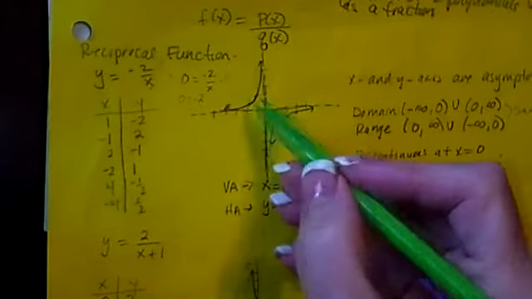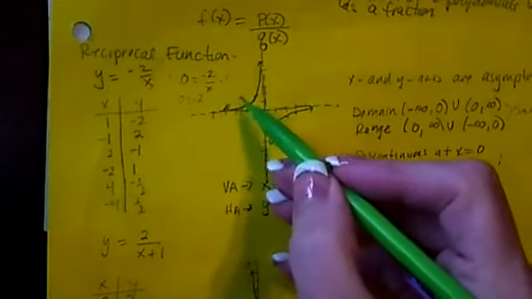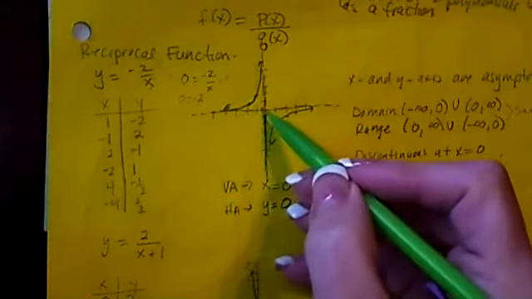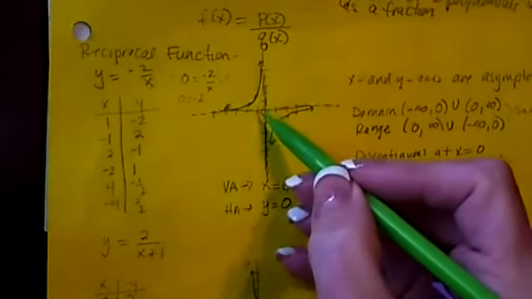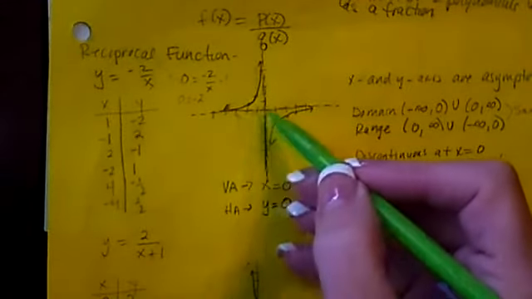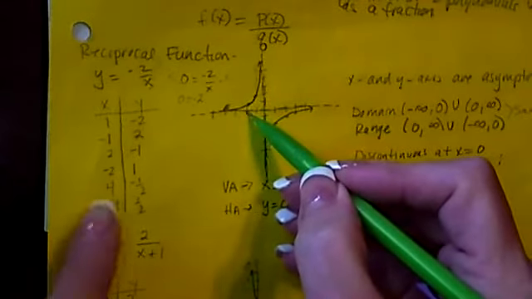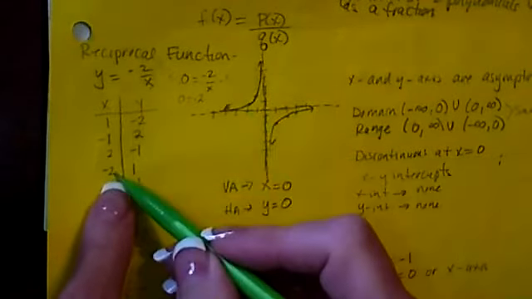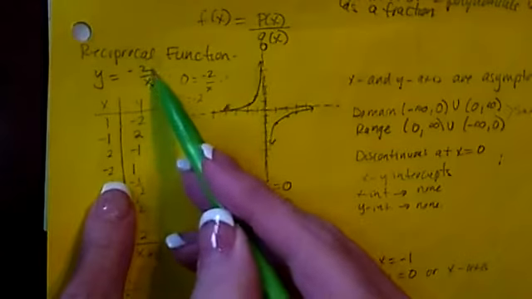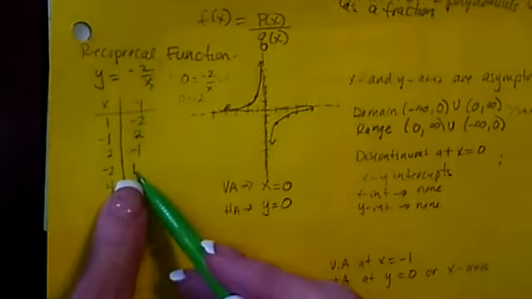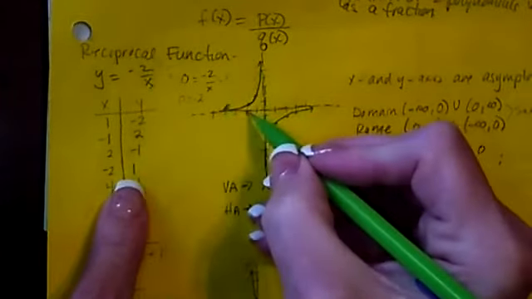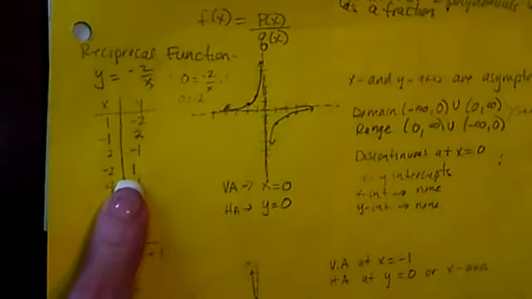We have this section over here, and it either has to be up here or down here. So pick a point over here. Let's do -2. I put it in right here. -2 divided by -2 is a +1. So I know that (-2, 1) is going to be on the graph.